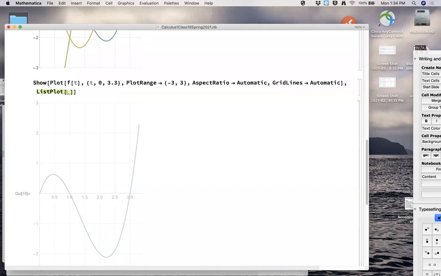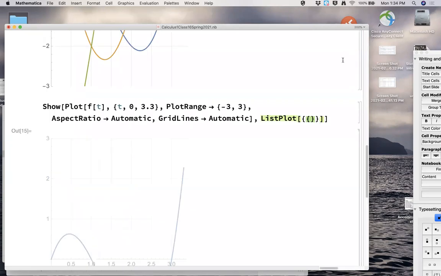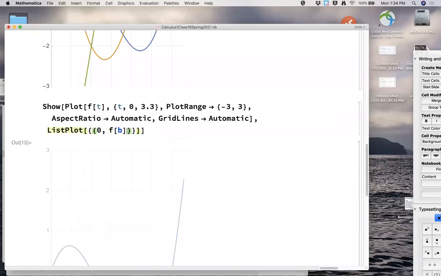What am I going to put in here? Double curly braces, and inside the double curly braces, I'm going to put 0, comma, f of b. But wait a minute, what's b? Hang on here. All of this I'm going to put inside Manipulate.